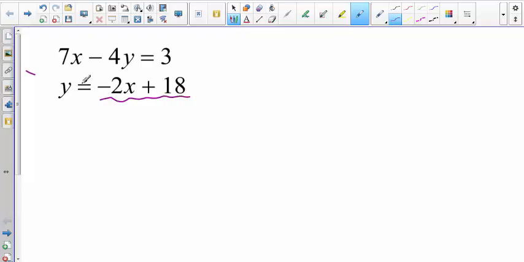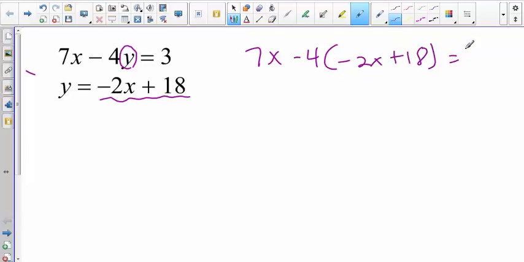Since we know that y equals negative 2x plus 18, we can substitute the value of y into this equation, which will give us 7x minus 4 times negative 2x plus 18 equals 3.